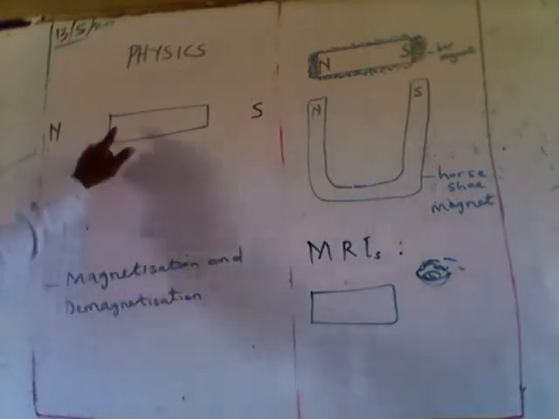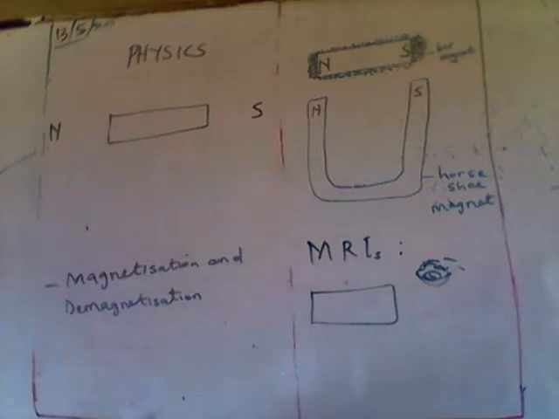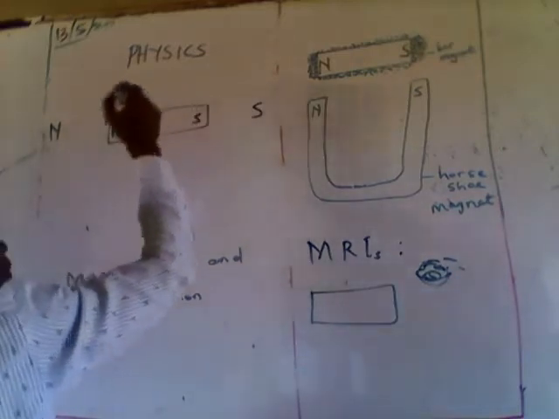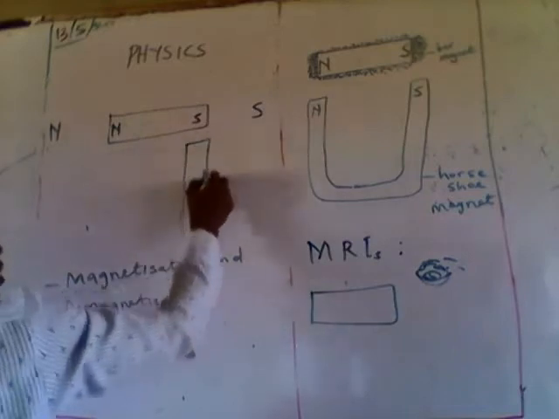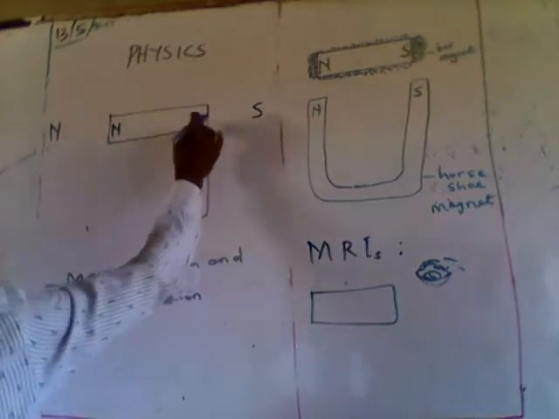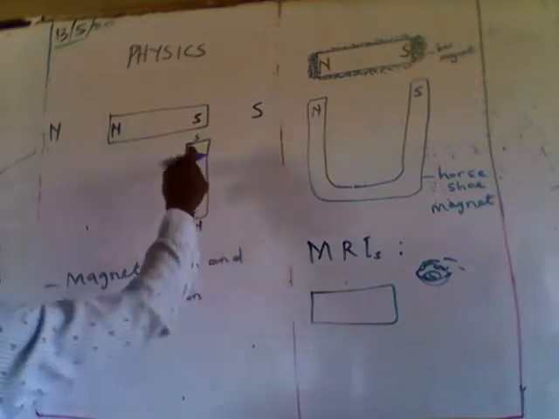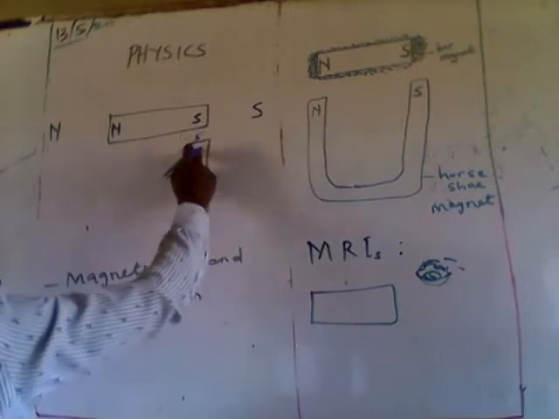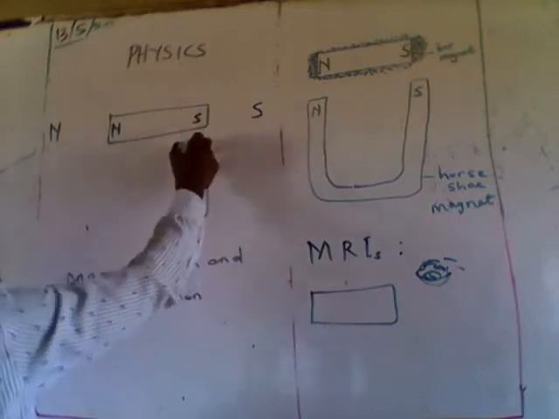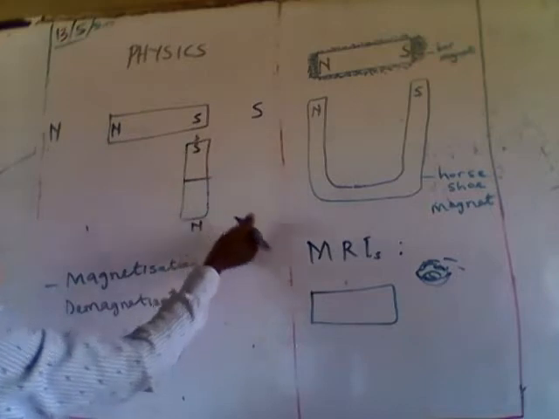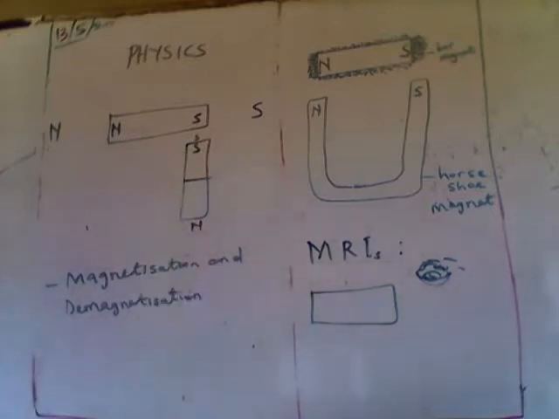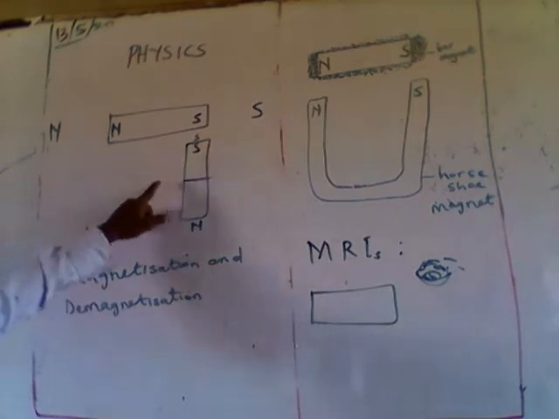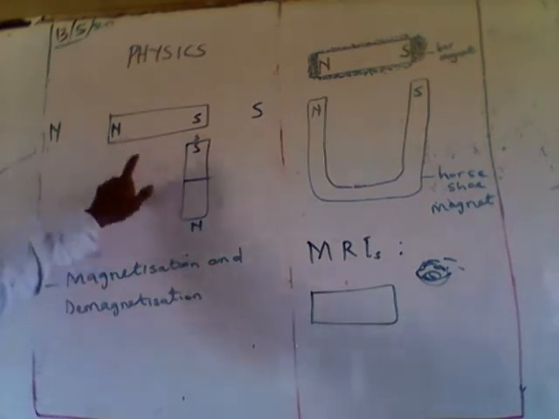As this bar magnet is suspended, the edge pointing to the geographical north will be the north pole of the magnet and the other will be the south pole. The point pointing to the south will give you the south pole of the magnet, and the north will give you the north pole of that magnet. So this is one of the methods of identifying the pole of a magnet.